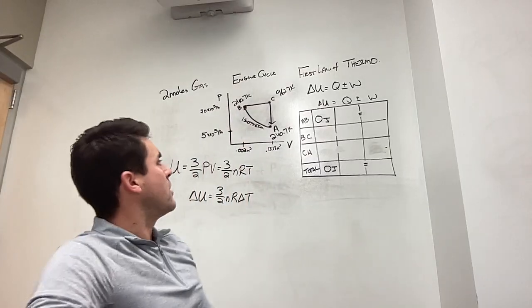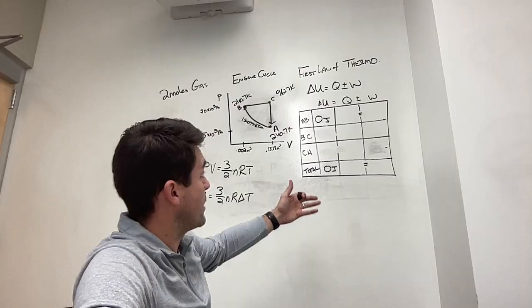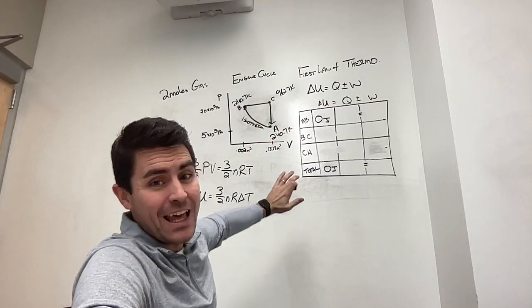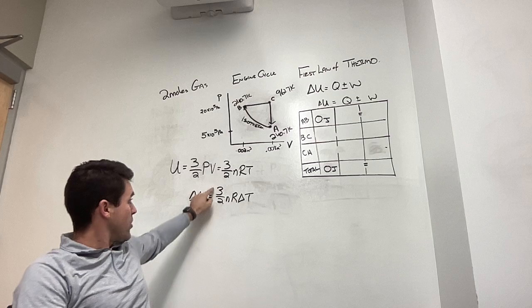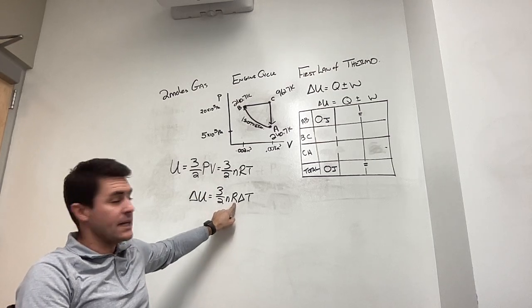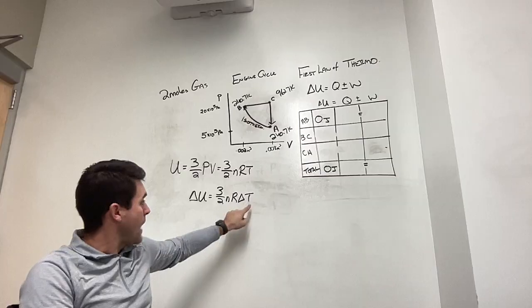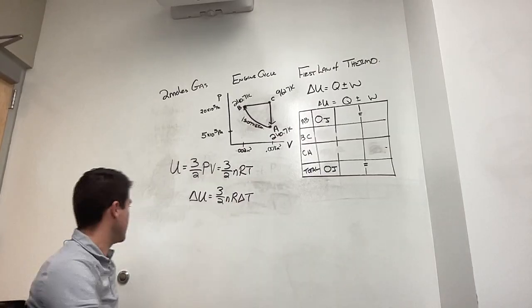We know those things. We can also, if we wanted to, solve for the change in internal energy from B to C and from C to A. All we would do is look at 3/2, 2 moles of gas times my ideal gas constant, 8.31, and the change in temperature. Let's go ahead and plug those in for one of these.